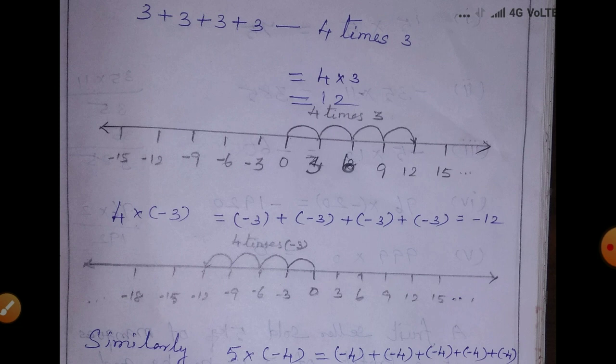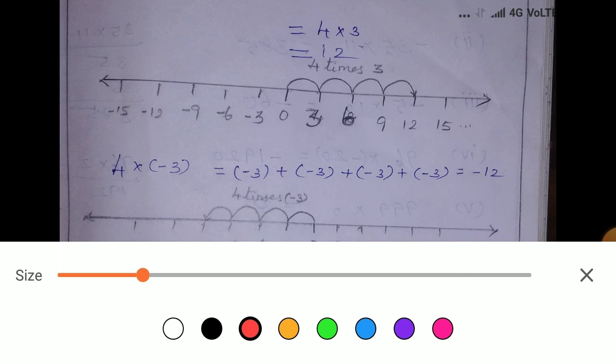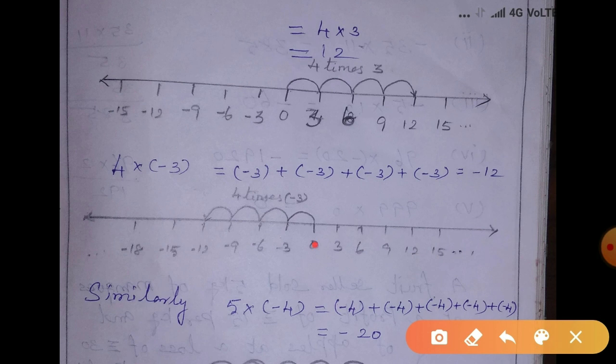Using the number line, from 0 on the left side, 0 plus minus 3 is minus 3, minus 3 plus minus 3 is minus 6, minus 6 plus minus 3 is minus 9, minus 9 plus minus 3 is minus 12. The answer is minus 12.